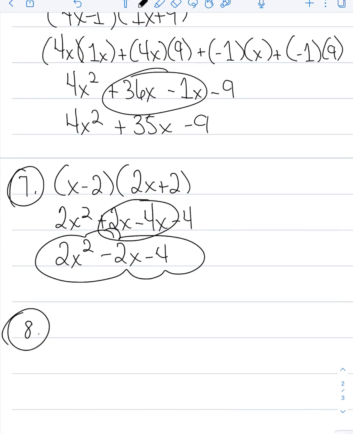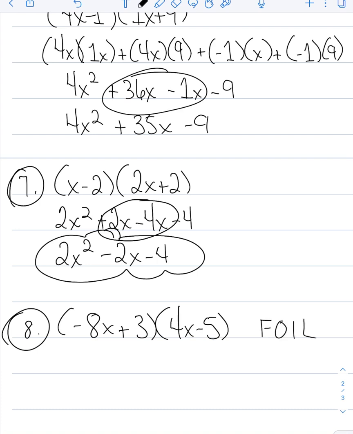Number 8, let's multiply a couple more binomials. So -8x plus 3 times 4x minus 5. Since I have two binomials, I'm going to use my FOIL method. I'm going to multiply first. -8x times 4x is -32x squared. Outside, -8x times -5 is +40x.